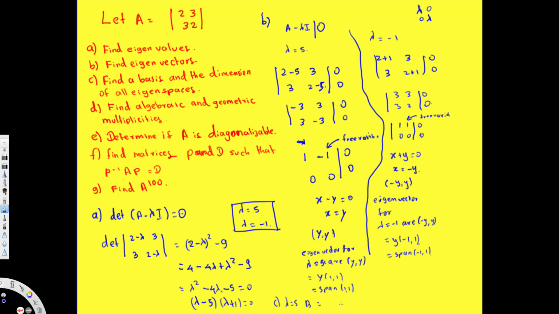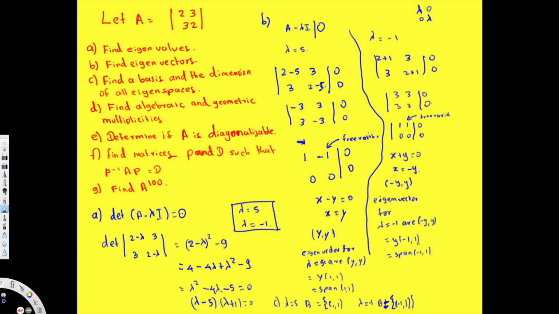So for part C, when lambda is equal to 5, the basis is going to be this same thing, but in this case we shouldn't write span. When we write a basis we shouldn't write span. It's simply (1, 1). And for lambda equal to minus 1, the basis is (minus 1, 1).